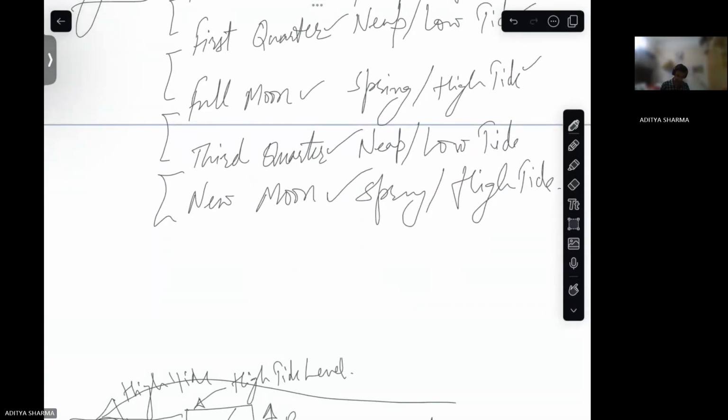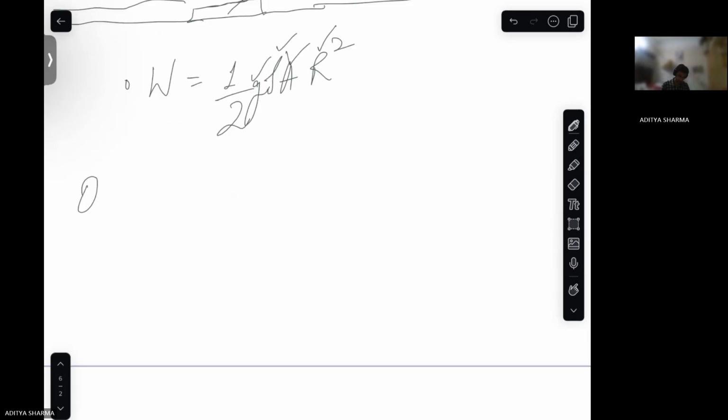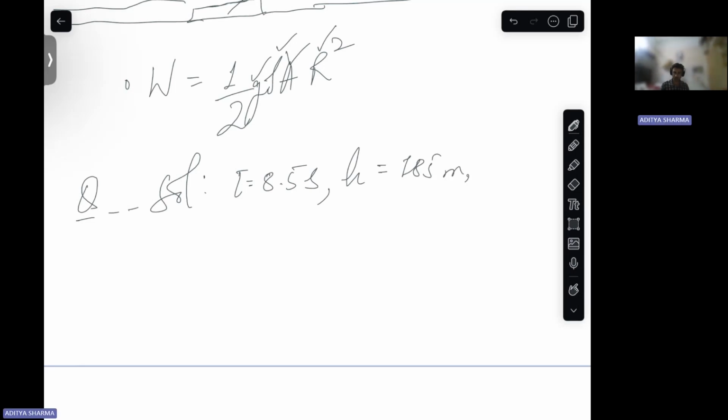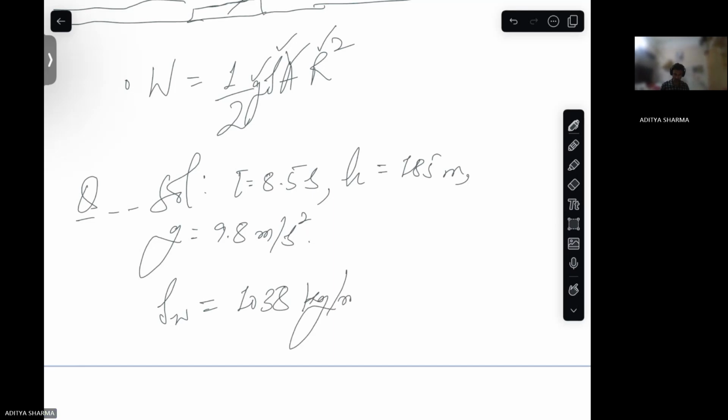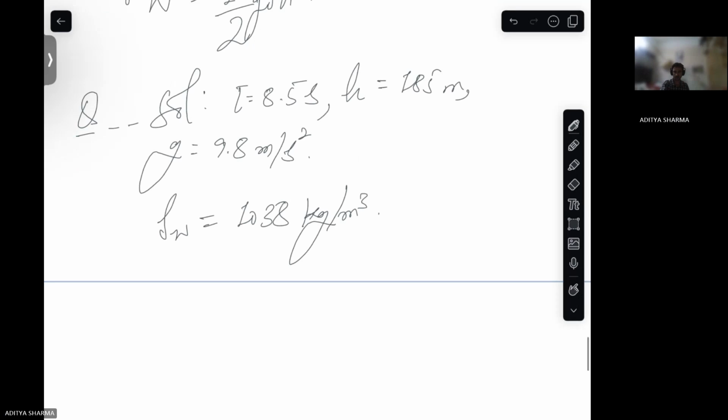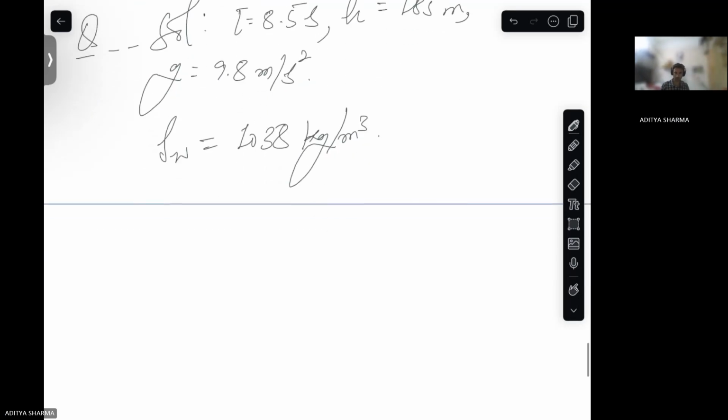So how will we find it? The things we have been given: the period has been given as 8.5, height has been given as this, g has been given as 9.8 meter per second square, and density has been given as 1038 kg per meter cube.